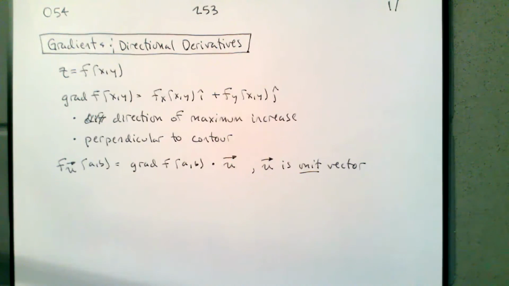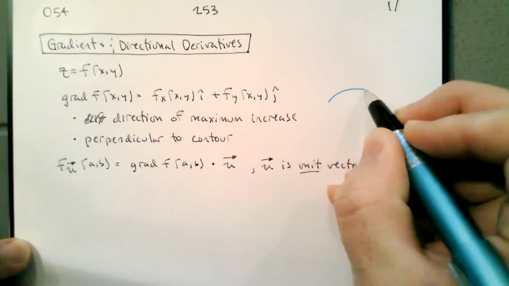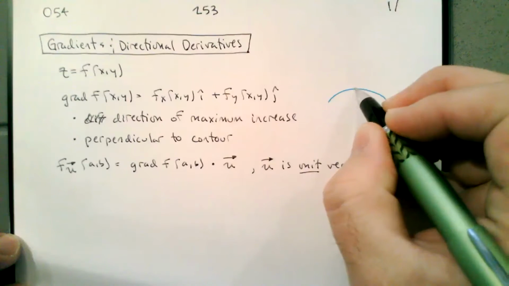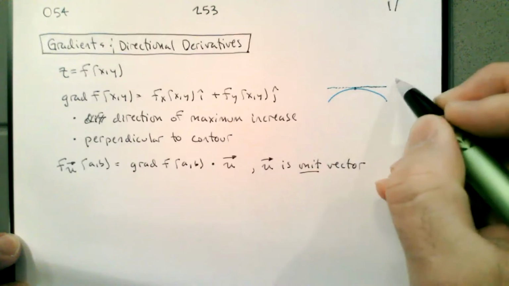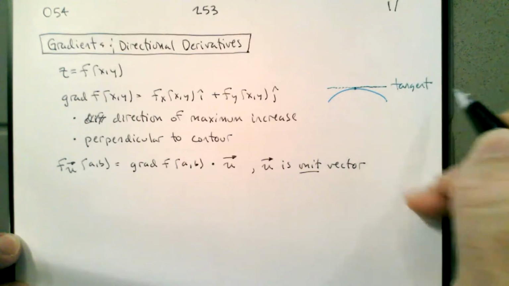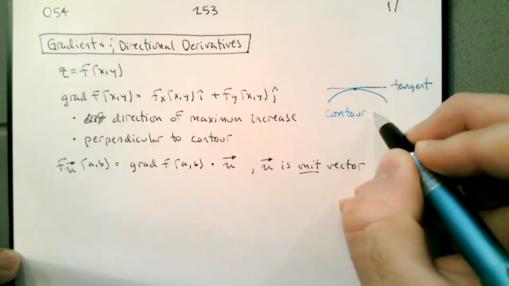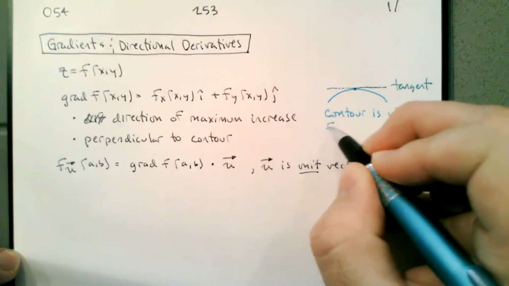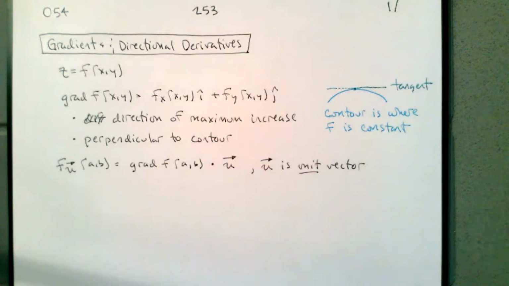And I know I've drawn this picture multiple times, but it bears repeating. If we've got a contour, cruising along the contour, this is where the function is constant. So the contour is where the function is constant.